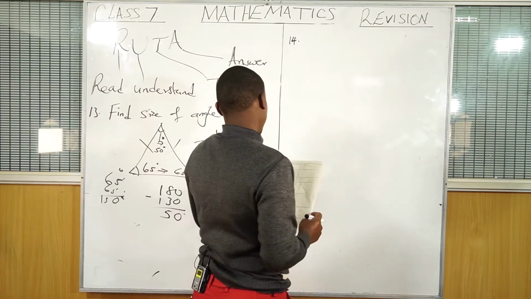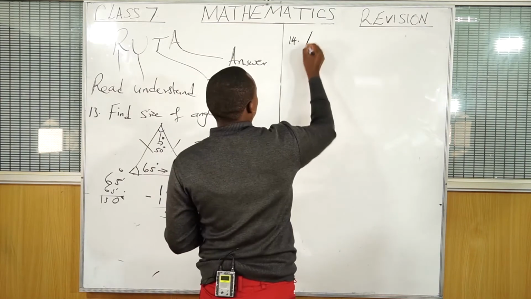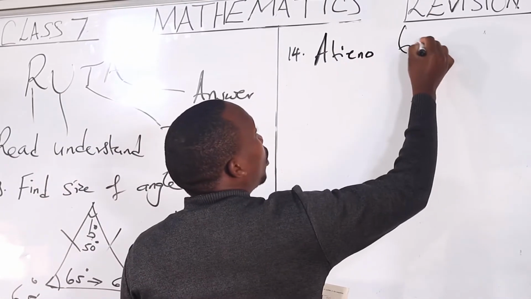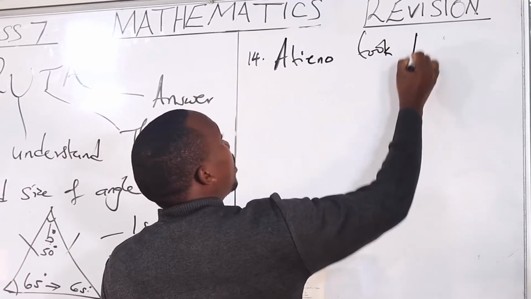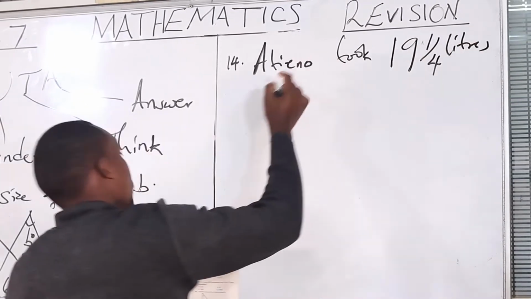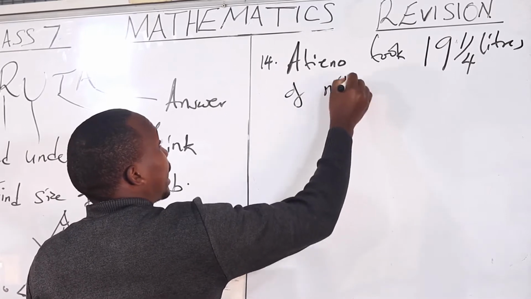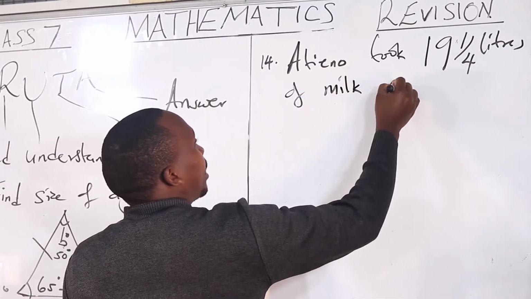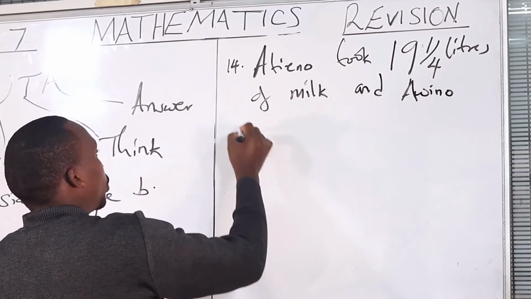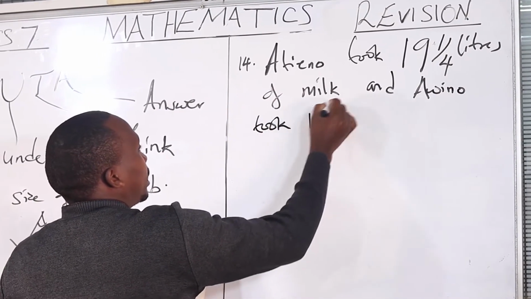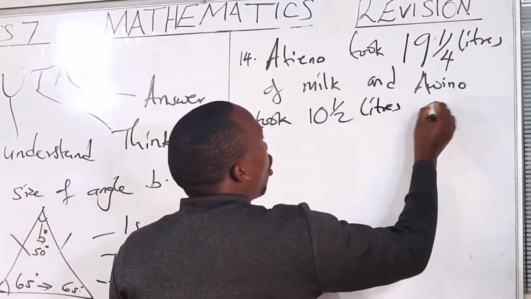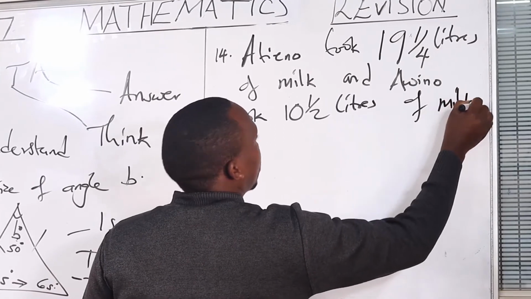Now, 14. Atieno, somebody called Atieno, took 19¼ liters of milk, and Awino took 10½ liters of milk.